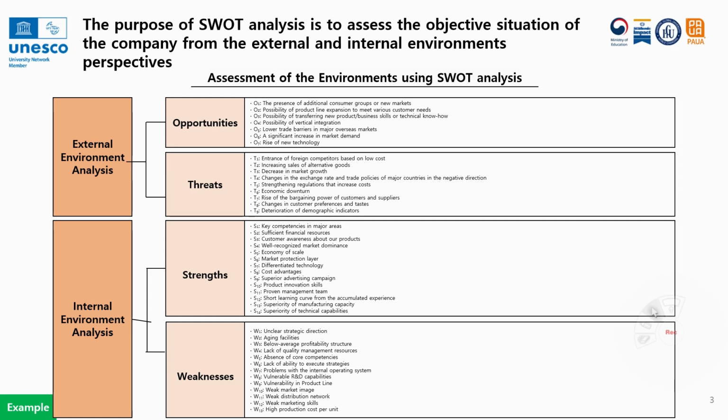That could be one of the strengths of our business. Another example of the strengths is the economies of scale. That's related to the production capabilities and also the cost advantages.